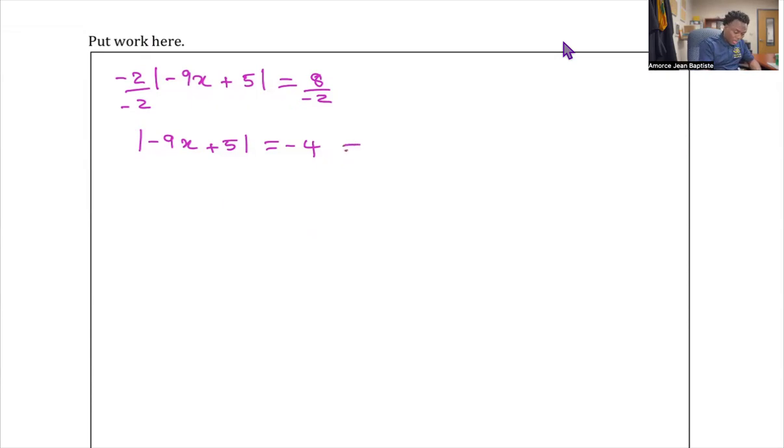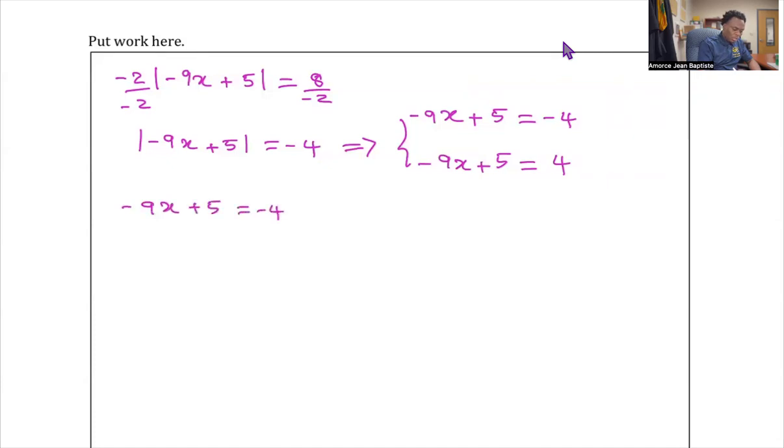The 2 cases will be -9x plus 5 equals -4, and -9x plus 5 equals +4, the opposite. So we're going to solve both of them: -9x plus 5 equals -4, or -9x plus 5 equals 4.